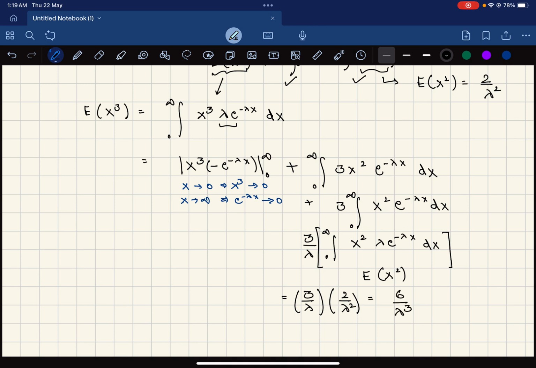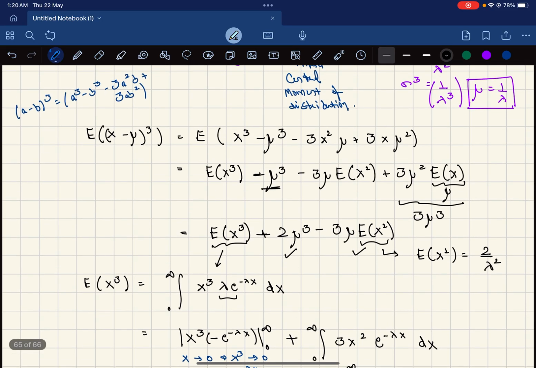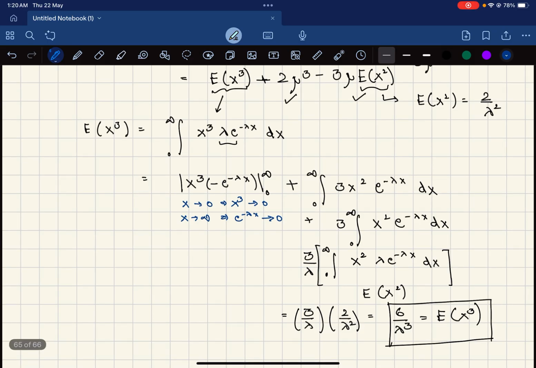So we now have the expected value of x cube here. So this is the expected value of x cube. Now going back to our previous expression, we need to put this value in this expression here. So we do that, we put 6 upon lambda cube, and then we have plus 2 mu cube.